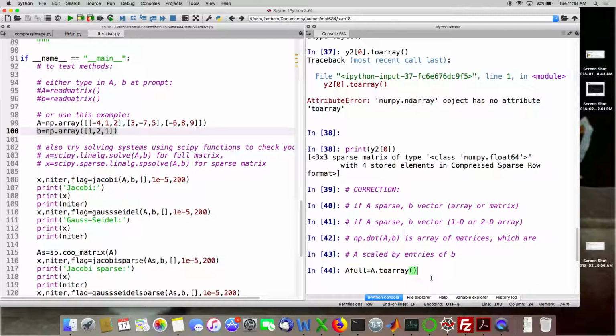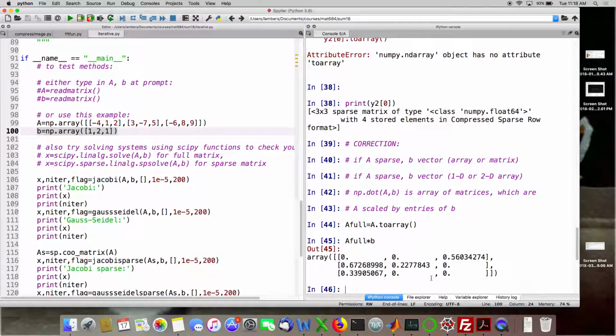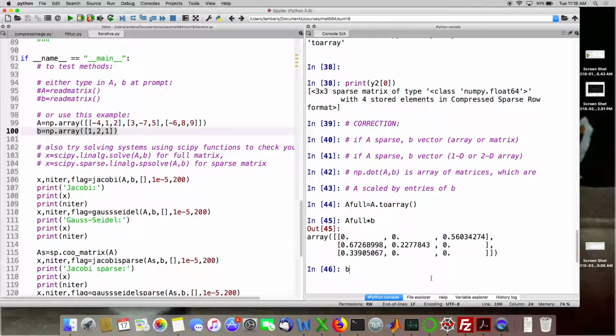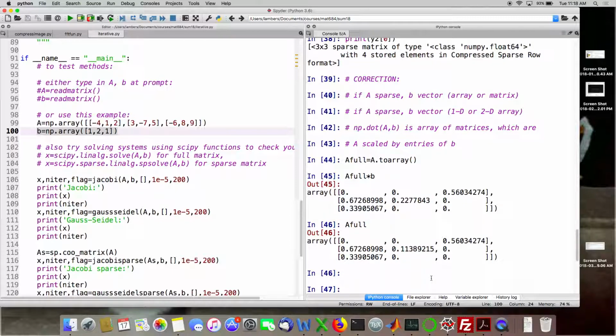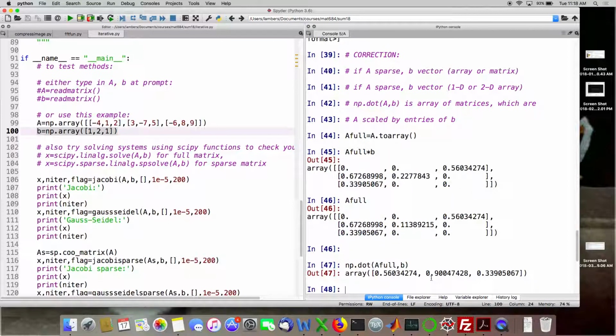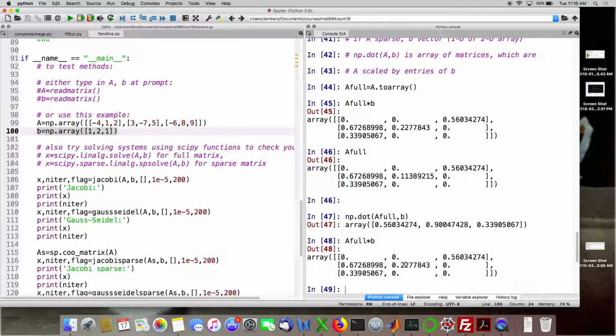Whereas if I convert the sparse matrix to an ordinary matrix, okay, oh, that's even worse. All right, so here's my full matrix, and I multiply that by B. Okay, that is the same matrix vector multiplication that I got earlier, but for some reason, times B, it just brings you the same matrix back.